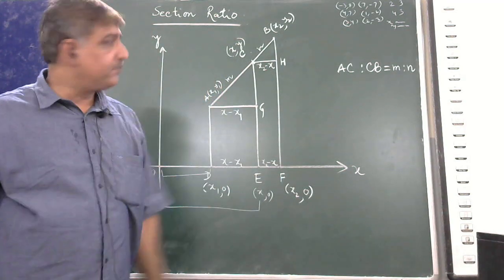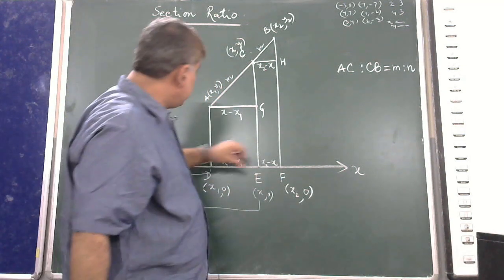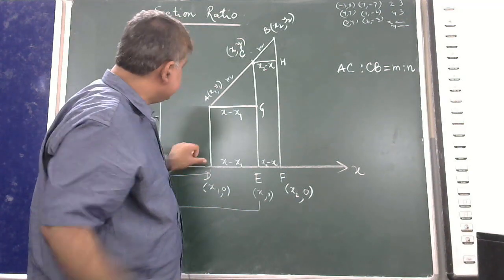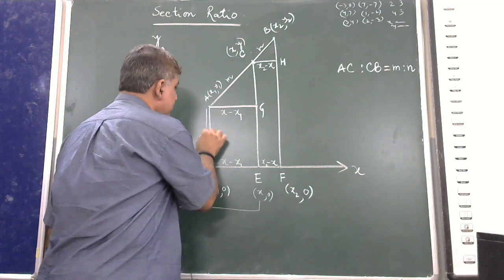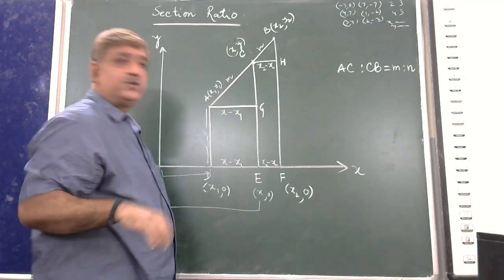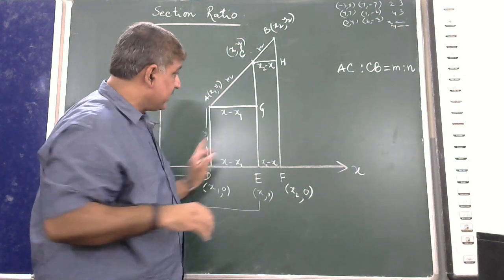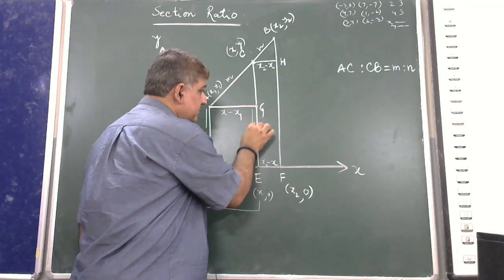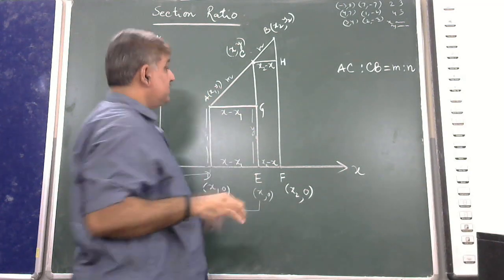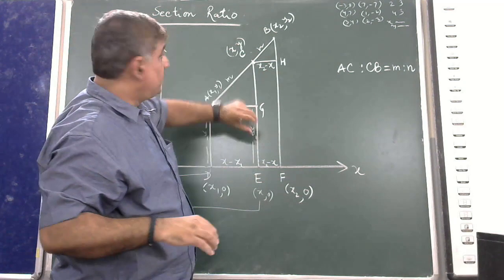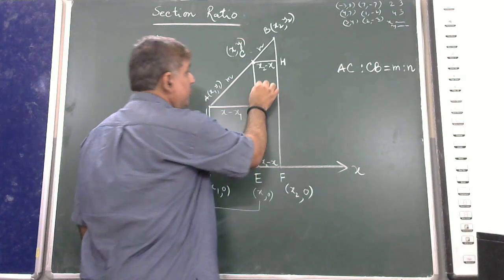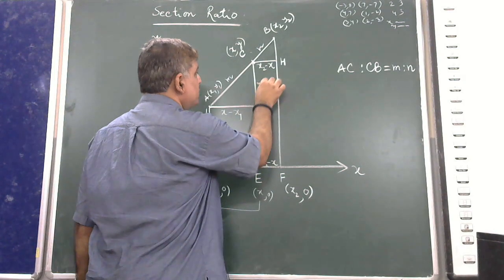Now this whole length from here to here is y1, and since this is a rectangle, this length will also be y1. This whole length is y, so this length should be y minus y1.